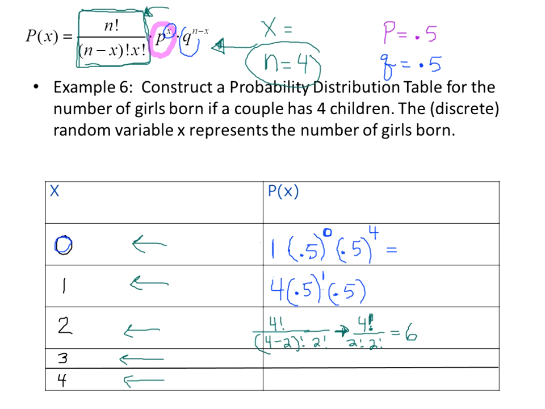Probability of a failure is 0.5, and if we have 1 girl, then that means we must have 3 boys. So the exponent on this is 3. And if you multiply all that out, that gives you the probability of having 1 girl among 4 children. And so hopefully you start seeing a pattern here. We just have to do a few more. If you still don't see the pattern, we still have to do a few more.